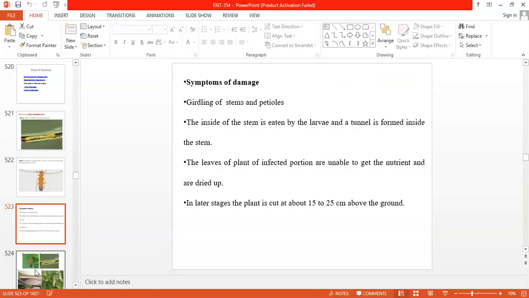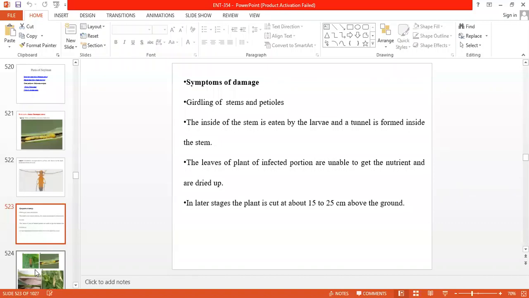Girdle beetle means it girdles the stem portion of a plant for deposition of eggs. That's why it is called a girdle beetle, girdling the stem.